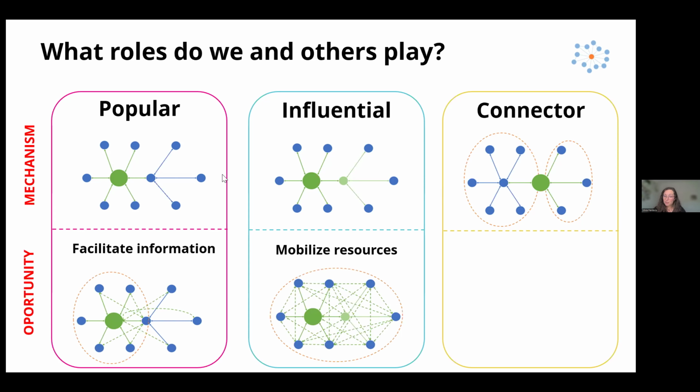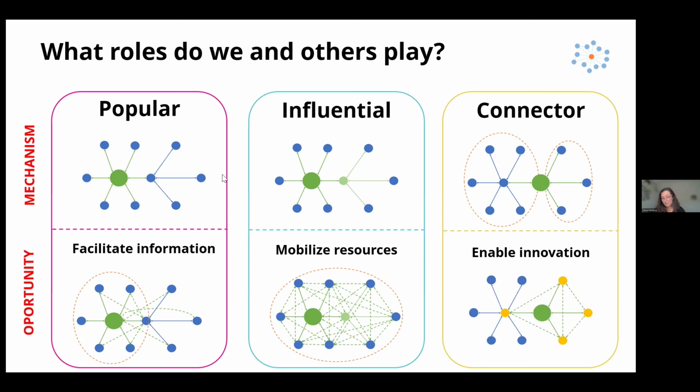For influential individuals or organizations, they can mobilize resources much better because they have access to the entire infrastructure, and they can do this through cohesion or through this transfer of trust within the network, and therefore they can mobilize much easier than other individuals.